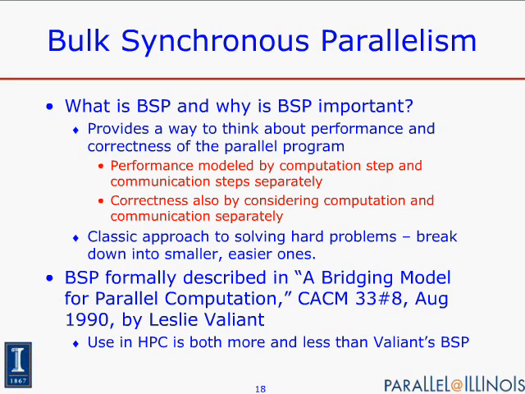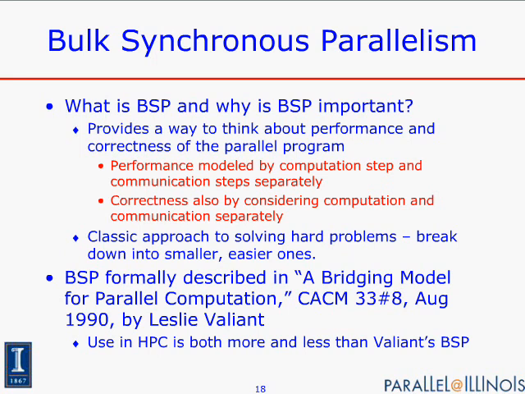It's been around for a long time. If you want to read essentially the original article, you'll find it in the Communications of the ACM from August of 1990 by Leslie Valiant. And it's a classic approach to solving the hard problem of correctly writing a parallel program and getting good performance. So you break it down into steps that you can reason and think about.